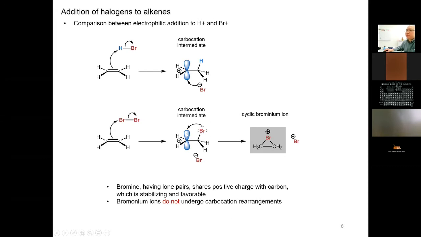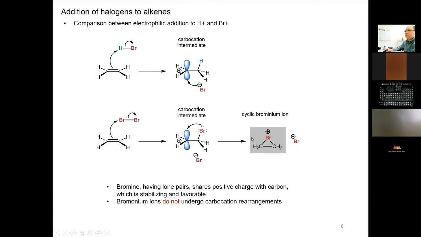So what it does is that the bromine wants to share its electron, spreading its electron density with the carbocation. So everybody is happy, right? The electron deficient carbocation now gets some electrons, and the electron-rich bromine now shares some of its electrons. Very happy, okay? So as I said here, bromine having lone pairs shares positive charge with the carbon.